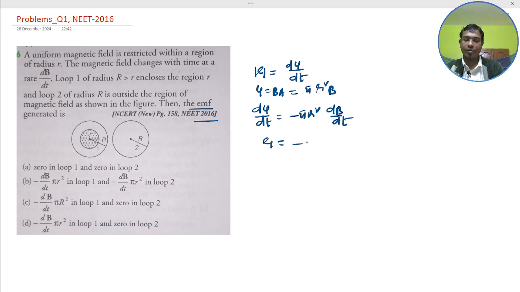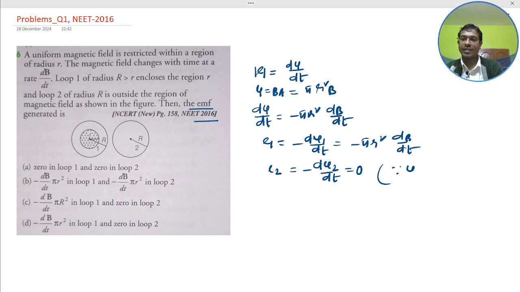So E1 is minus d phi 1 dt, which is minus pi r square dB dt, and E2 is minus d phi 2 dt.